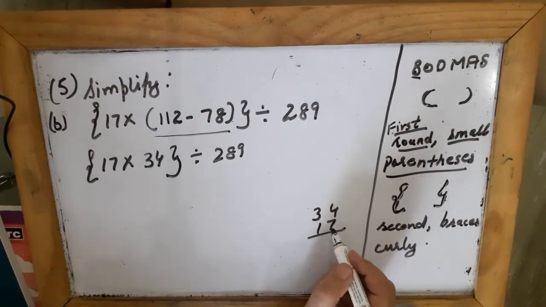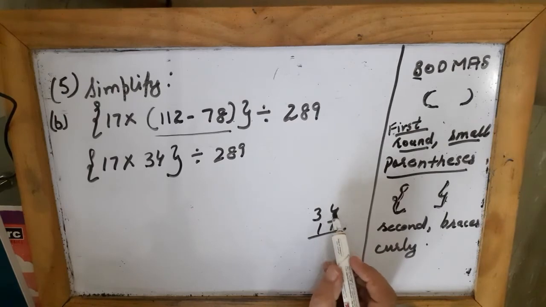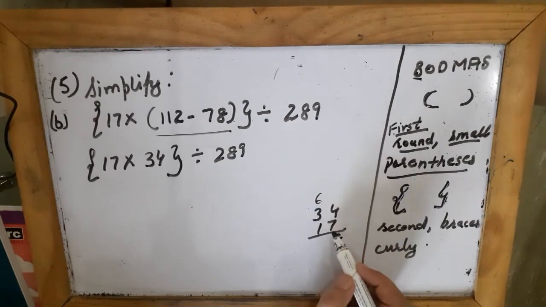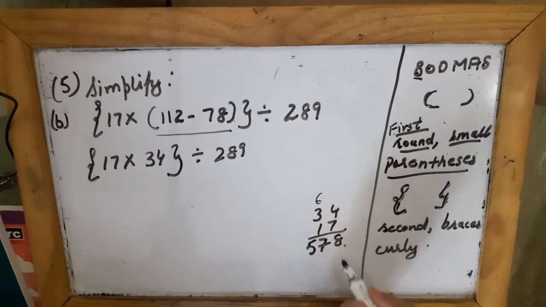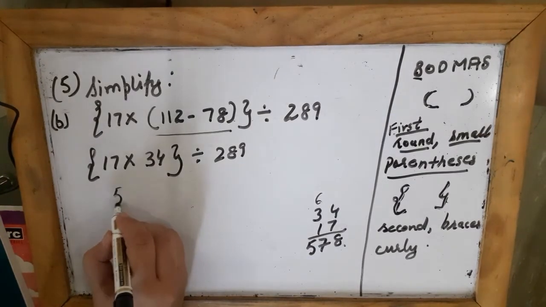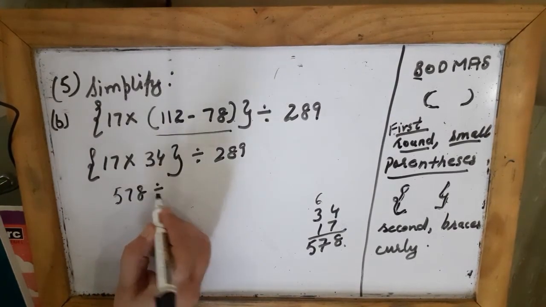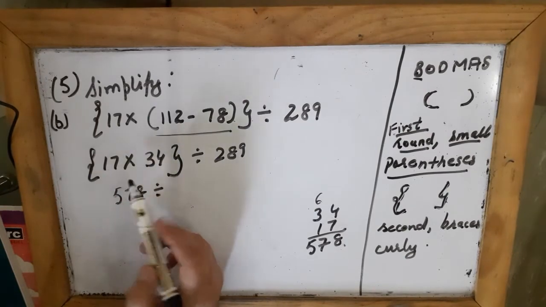So 17 fours is 68, 17 threes is 51, and 57. So what the answer is? 578.